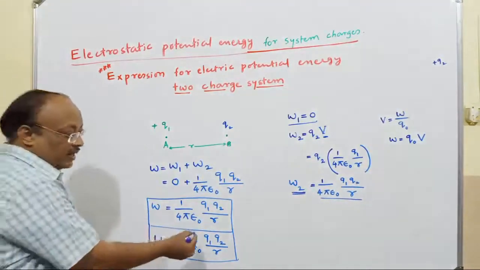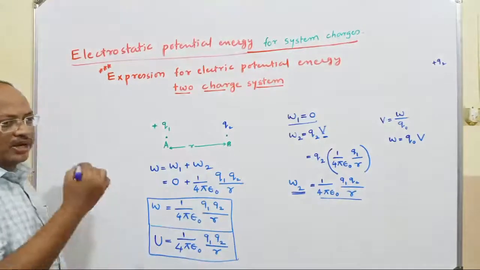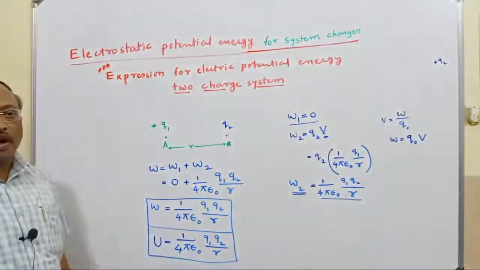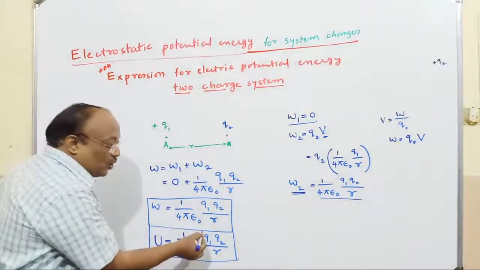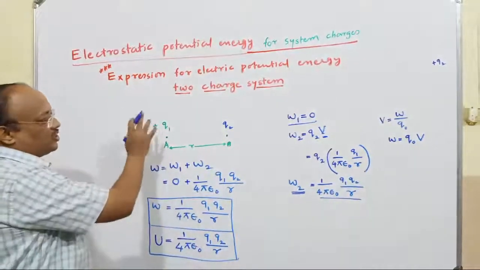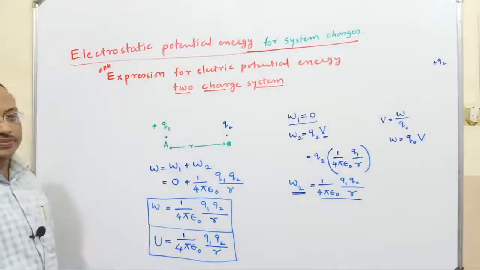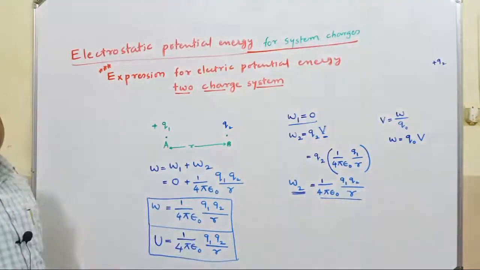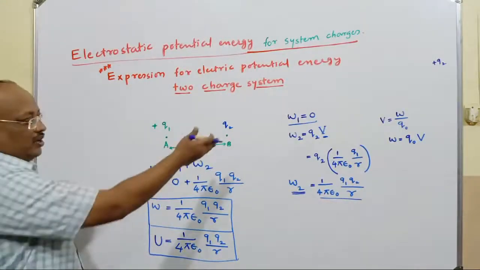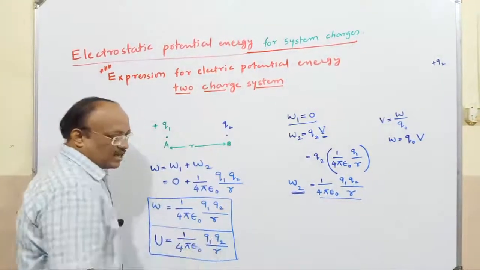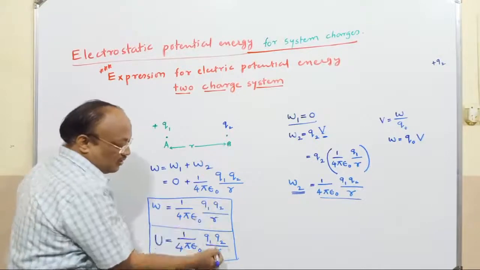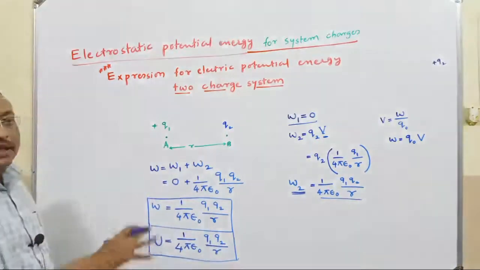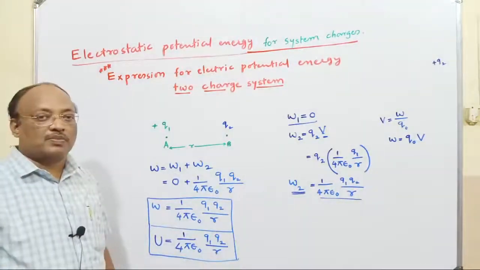Once again, as you know, potential energy is a scalar quantity. Because of that, if Q1 is positive in nature, you take it as positive. If it is negative, you write it as negative. Or if Q2 is positive, you write it as positive, and if it is negative, you have to write it as negative while solving the problems.